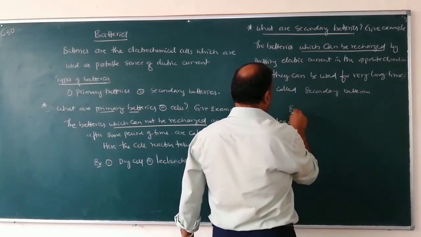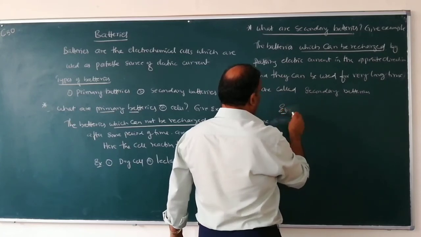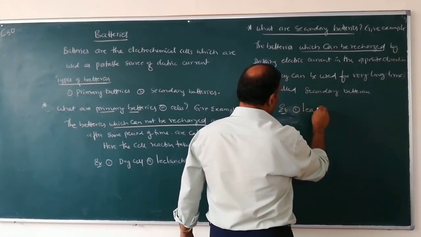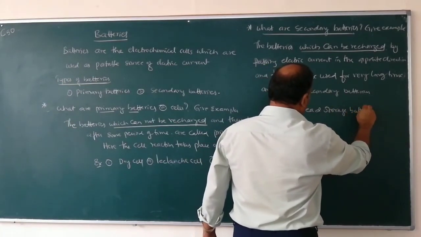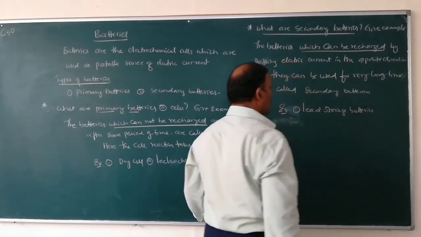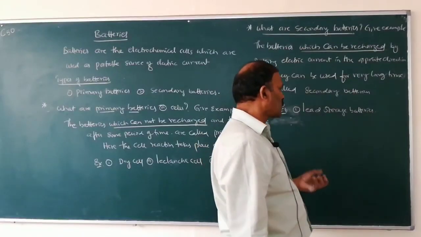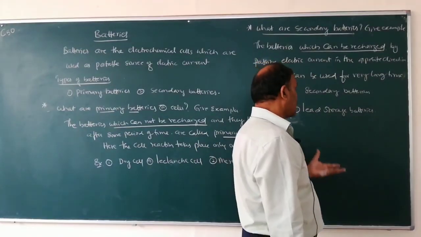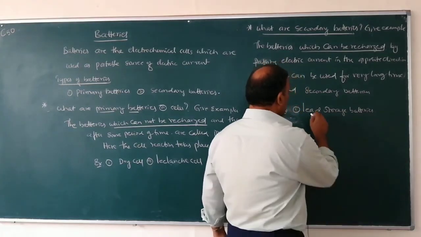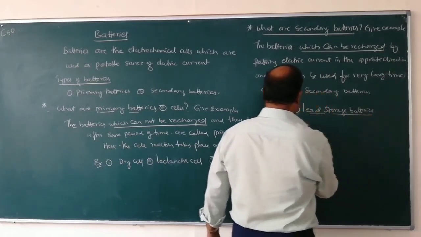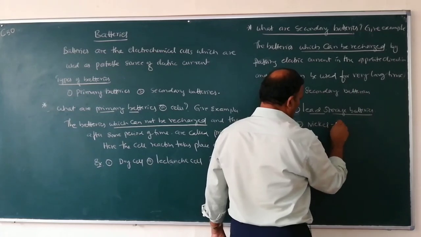Examples for secondary batteries are lead storage batteries, which are used in motorbikes, cars, trains, buses, inverters, UPSs, etc. Number two, the nickel cadmium cell.